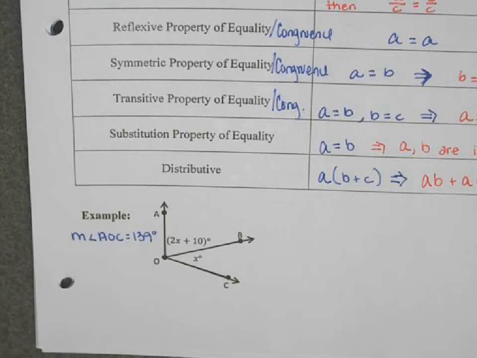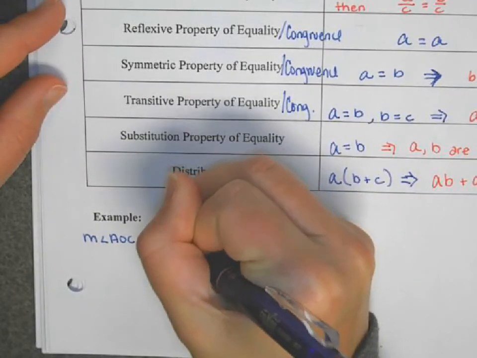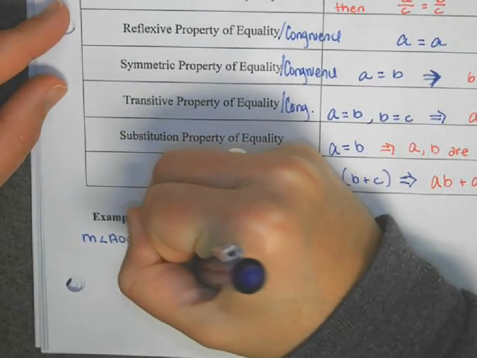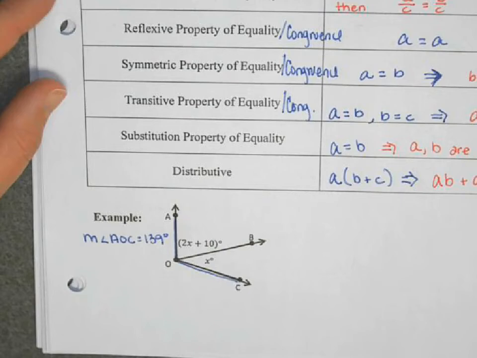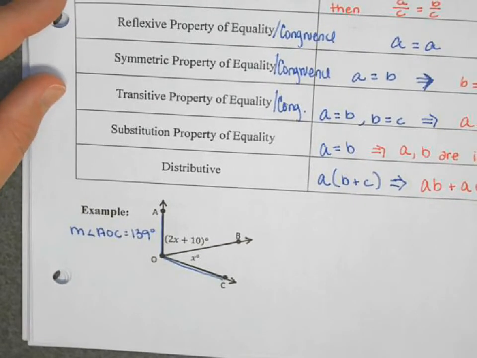Okay. So I know the measure of angle AOC is 139 degrees. That's the whole angle, AOC.